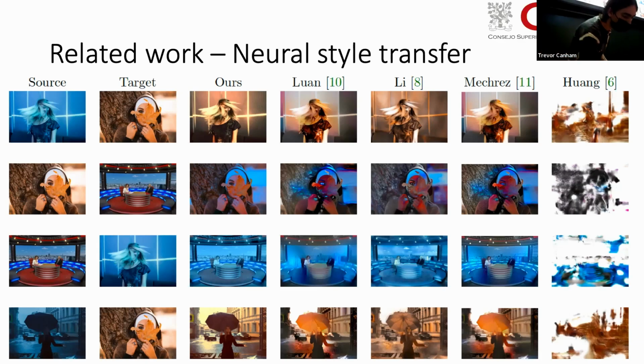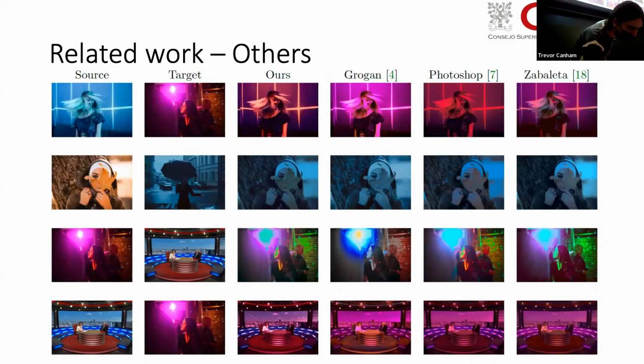So moving on, there are some methods which are more appropriate and marketed towards these fields, which we highlight here. The first one we highlight is that of Grogan, who homogenizes the colors between a source and reference image to minimize an L2 divergence cost. There's also the method which is made available in Photoshop today. It's the only actual commercial style transfer method in a photo editing platform that we are aware of.